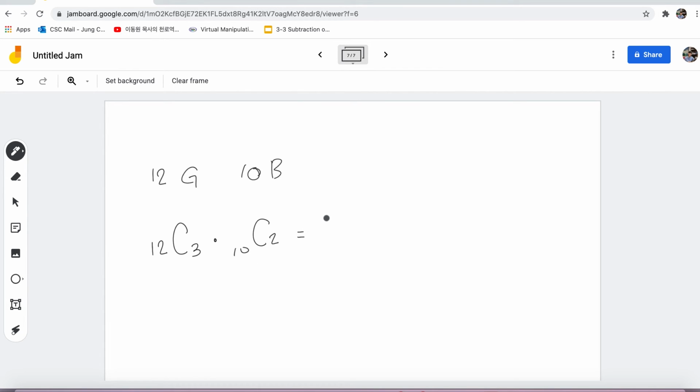So how do we calculate this? 12 factorial over 3 factorial times 12 minus 3 factorial, times 10 choose 2, which is 10 factorial over 2 factorial times 10 minus 2 factorial, or 8 factorial. 10 minus 2 is 8, right?